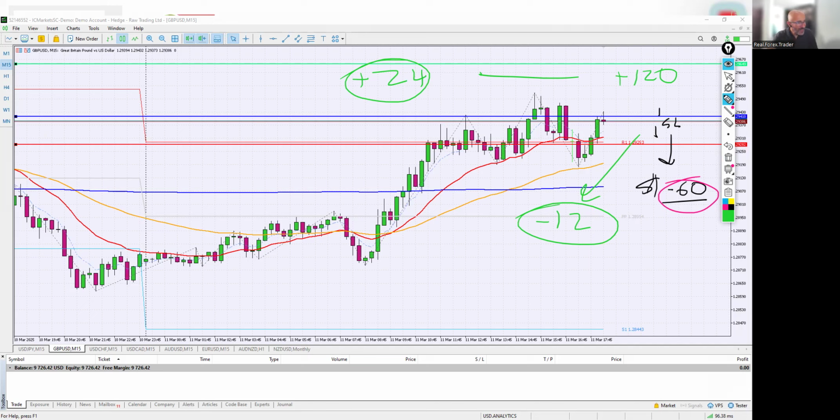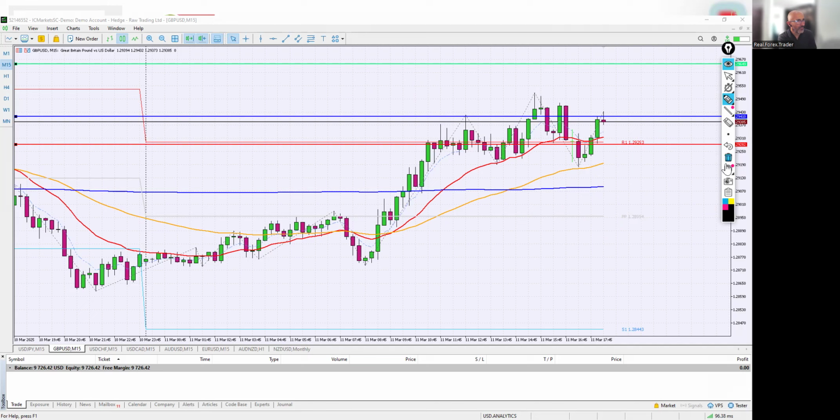Never, please never surpass in every trade the 3%. 3% per trade. Let's suppose, for instance, on this account, doing another example, what my calculation is.